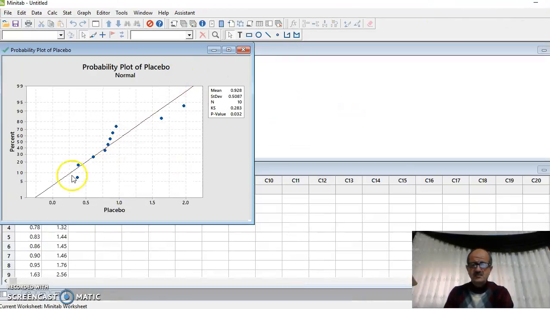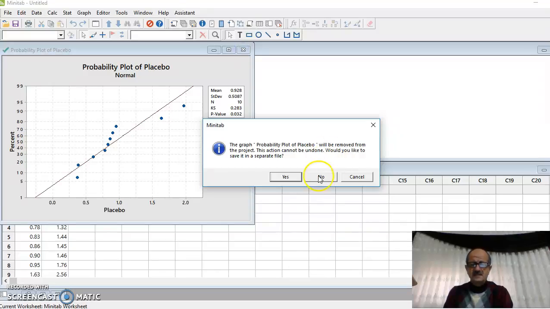Here is the distribution. The distribution is not normal, and the p-value for the test was less than 0.05, which means that the distribution is not normal, because when we test the normality, the null hypothesis is that the distribution is normal, and since the p-value is less than 0.05, we reject the null hypothesis and our distribution is not normal in this case.